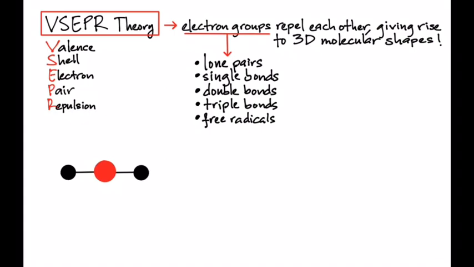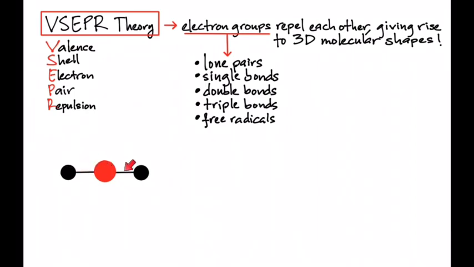Let's say that we have this molecule shown here, and this is the geometry, the structure of the molecule. How do we count the total number of electron groups? Well, first you have to determine which one the central atom is. This atom in red is going to be the central atom. And the central atom has either a single bond or a double bond with the terminal atom in black. And so that counts as one electron group.